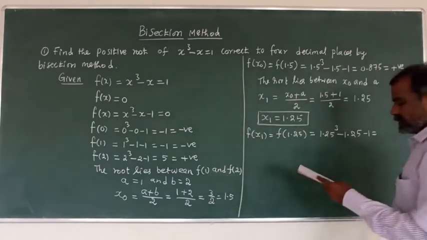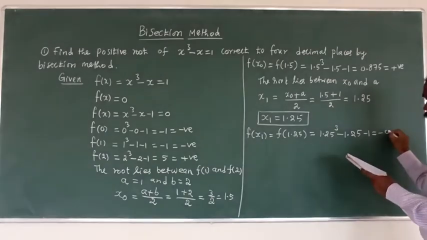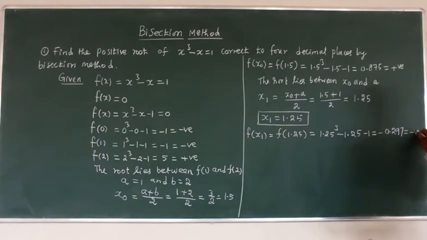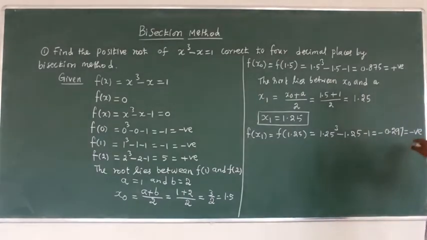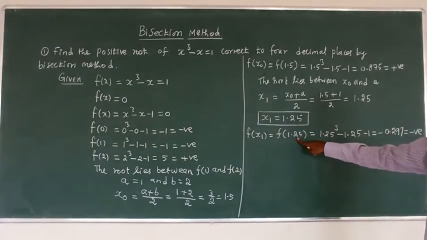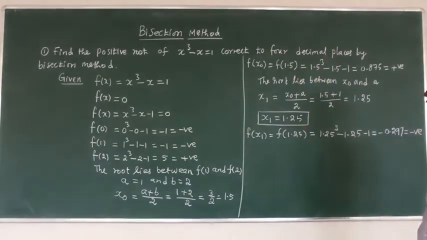So we get the result minus 0.297. This is a negative result. So we take this as negative and positive 1.5.